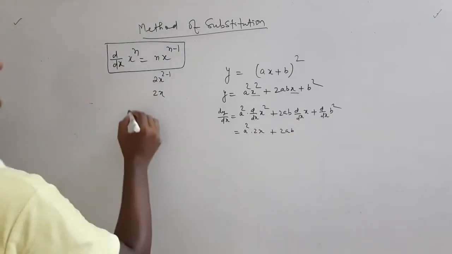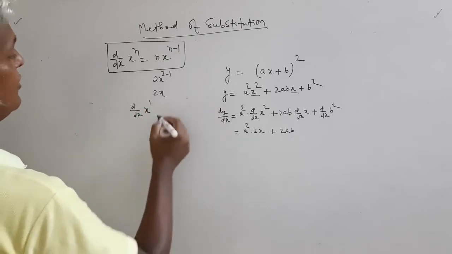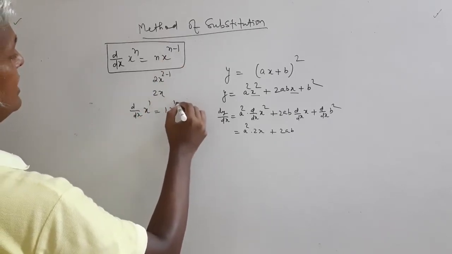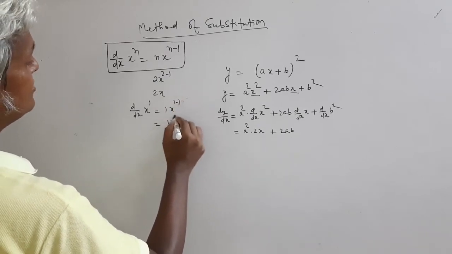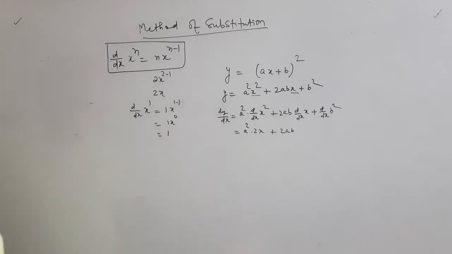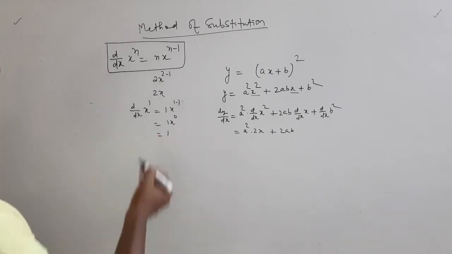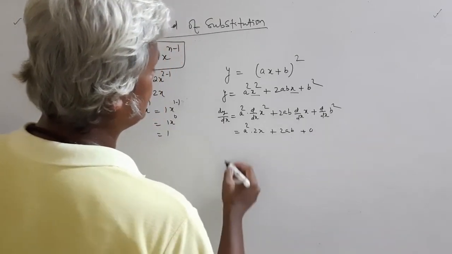So this is 2x, plus 2ab times the differentiation of x. Differentiation of x, you can take it as x to the power 1, and this becomes 1 times x to the power 1 minus 1. So this is 1 times x to the power 0, and we know that by the rules of indices any number to the power 0 is 1. So differentiation of x is just 1 and differentiation of a constant is 0.